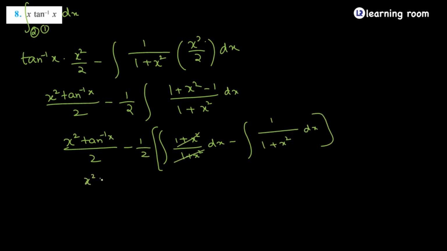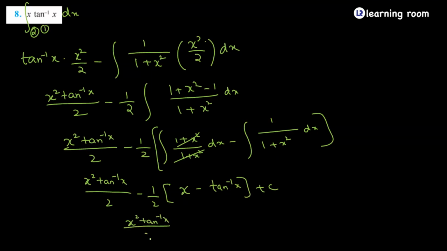It is going to be x square tan inverse x divided by 2 minus half into integral of 1 is x minus tan inverse of x plus c. So what will answer be? X square tan inverse x the whole divided by 2 minus x by 2 plus tan inverse x the whole divided by 2 plus c. Am I clear with this?